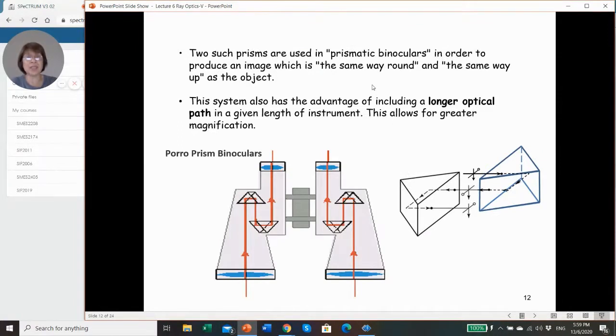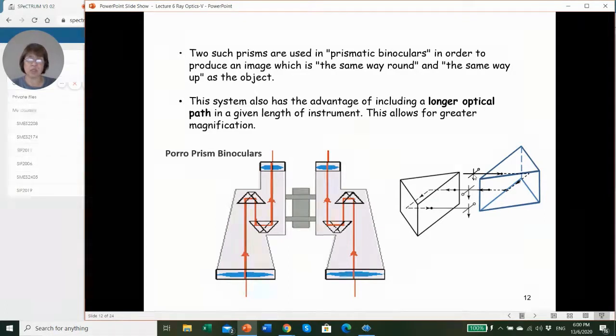Prismatic binoculars use prisms in order to produce an image which is the same way round and same way up as the object. Let's look at a pair of prisms that's arranged in this way.